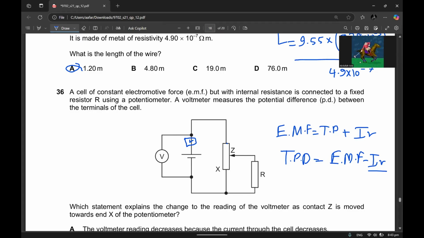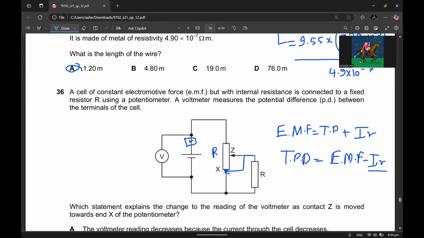Okay. So now check the potentiometer. Let's say it's at point X. It's moving towards the end X. At the end X, the current flows through this resistor. Let's say this fixed resistor has a resistance of R. At this point, the current has two options.